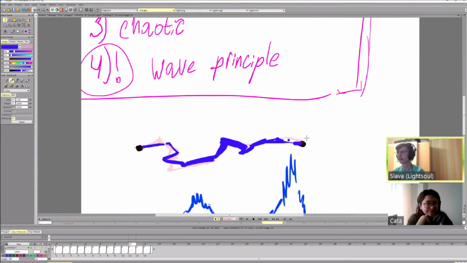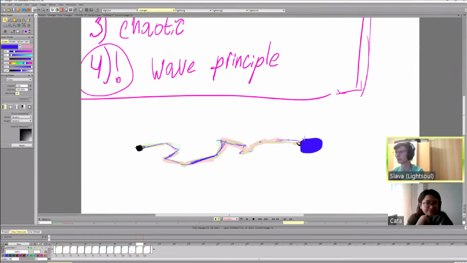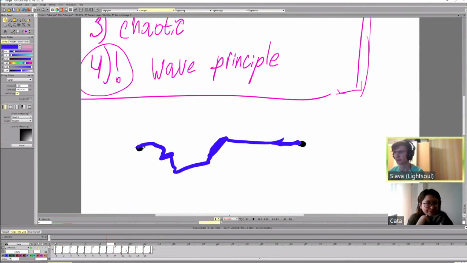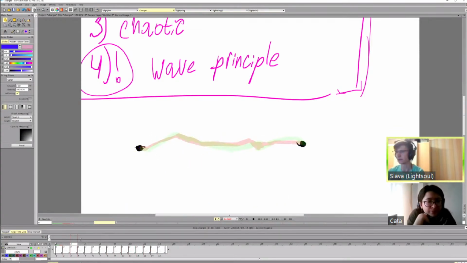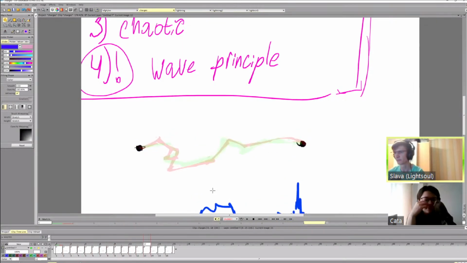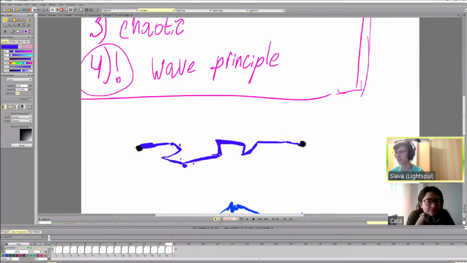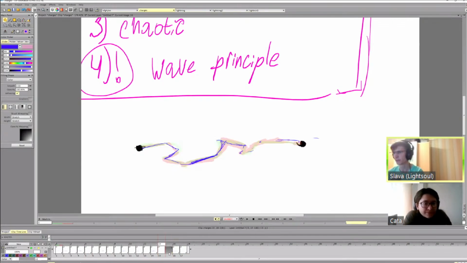And we can add some skipped frames, some blank frames here and there. Example here. And let's add a frame here and a frame here. And a frame here before the start. Maybe a frame here.